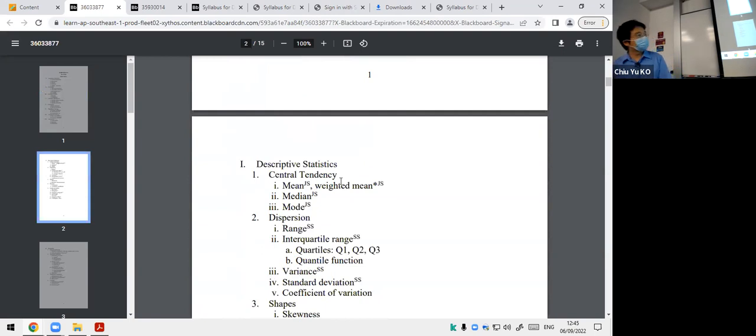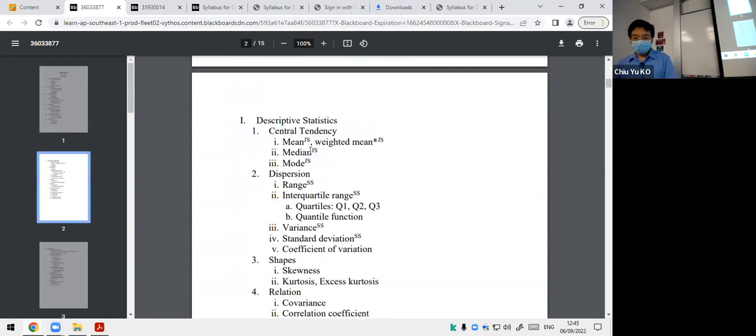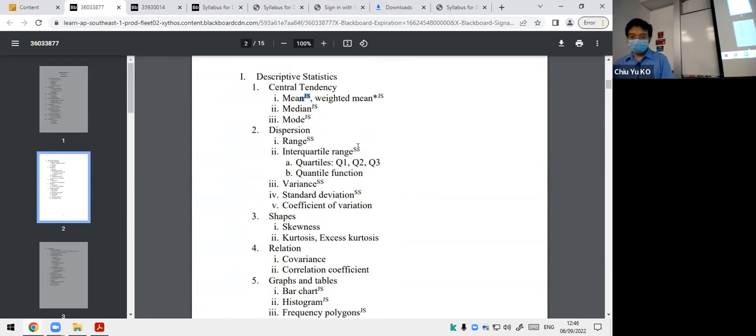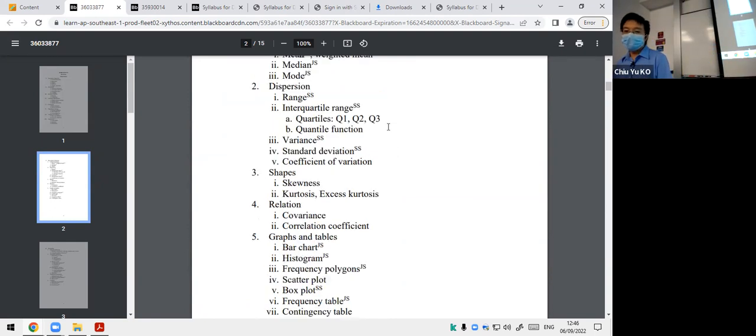Just to highlight, a superscript JS means you learned it in junior school, and SS means you learned it in senior school. Junior school and senior school refer to the Hong Kong high school syllabus. Since most of you come from Hong Kong, you have already learned this kind of thing.